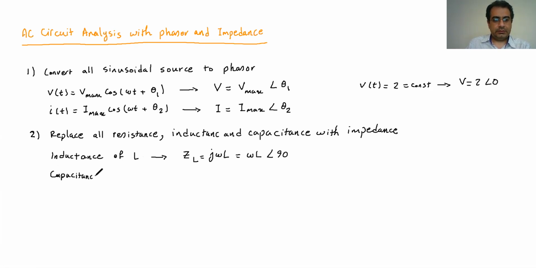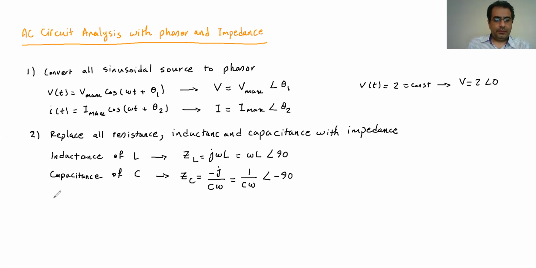If you have a capacitance of C, then the impedance of that is going to be negative j divided by C omega, or you can write it as 1 over j C omega. Because it's negative j, it doesn't have any real part, only the imaginary part, and because it's negative it means going downward, so the angle is negative 90.